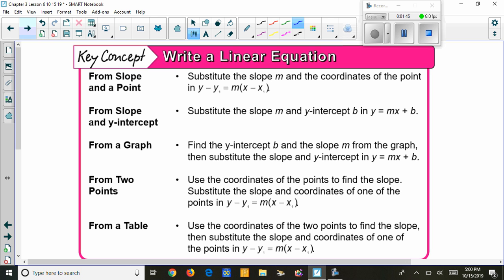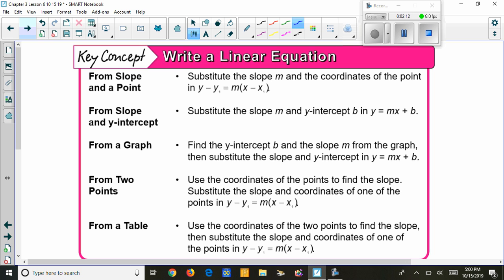From slope and y-intercept, substitute the slope m and y-intercept b in y equals mx plus b. From a graph, find the y-intercept b and the slope m from the graph, then substitute the slope and y-intercept in y equals mx plus b.